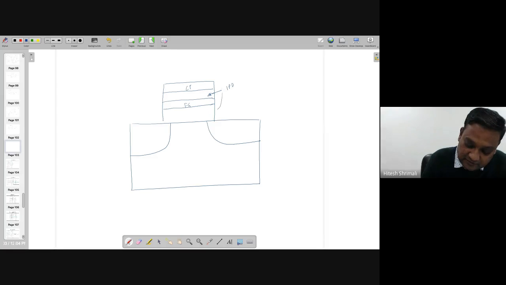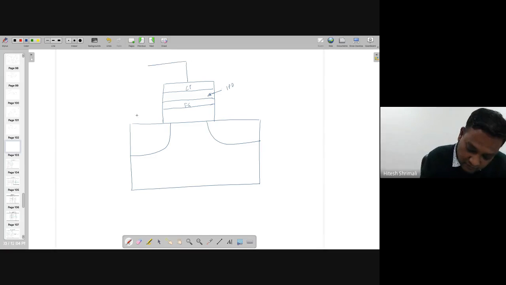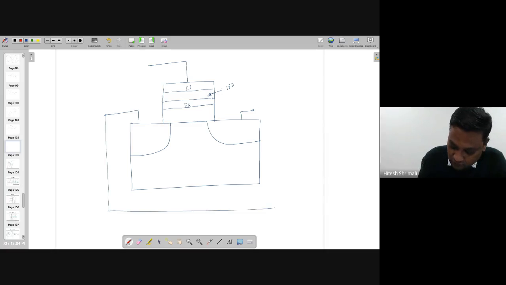So in this case, let's assume that we are applying more voltage here, and at the time source, drain, body are connected to 0 volt, right? So Vs is 0, Vd is 0, and V body is also equal to 0.